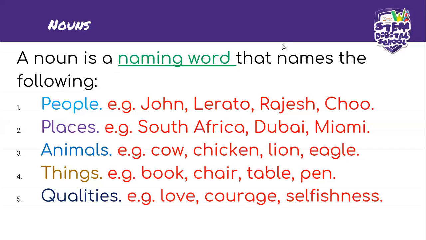Number four, a noun is a naming word that names things. For example, we have book, chair, table, and pen. So all these things are nouns. Your book, your chair, your table, your pen. All these are nouns and they are things. Number five, qualities. Qualities such as love, courage, selfishness. So all these are nouns.